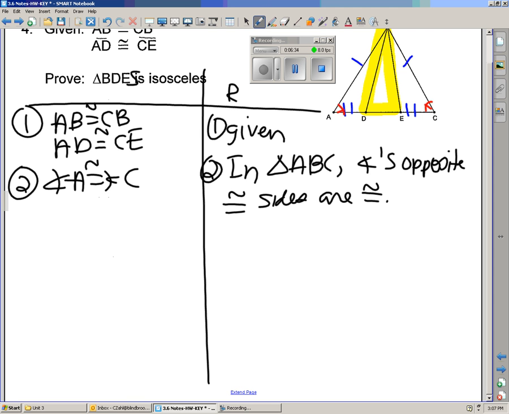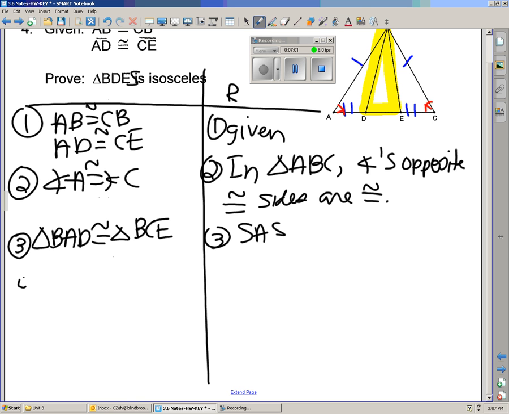Once we have that, we have enough information to prove the smaller triangles on the outside. So number 3, you could say then triangle BAD is congruent to triangle BCE, and that is because you've got side angle side.